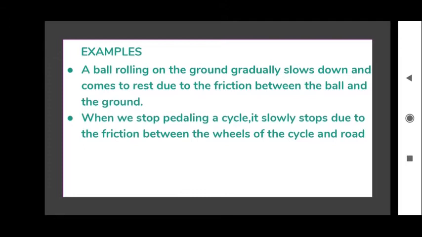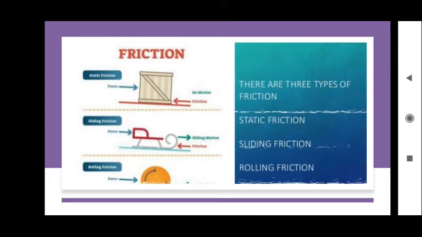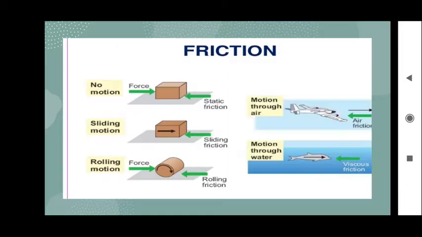Let us talk about the force of friction next. Friction is of different types: static friction, sliding friction, and rolling friction. As you can see, students, static friction is a friction that does not allow the object to move. It will keep that object in a stationary position.